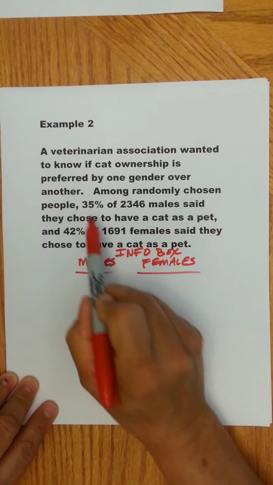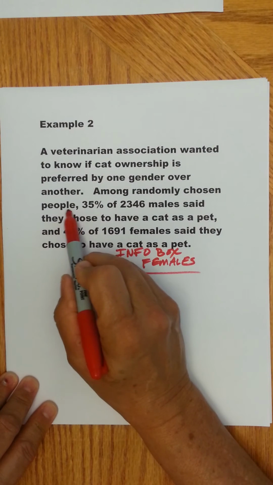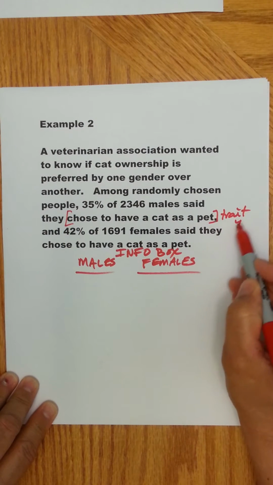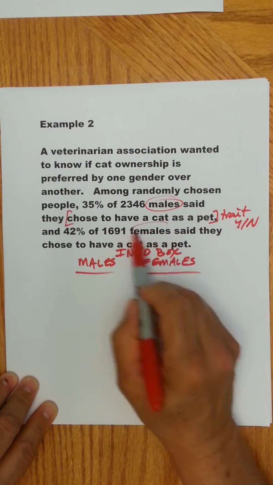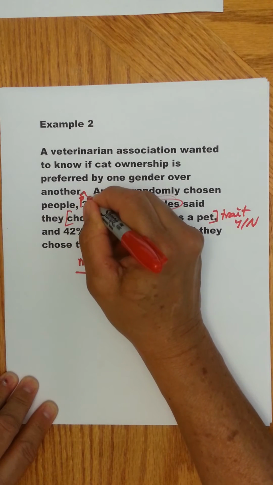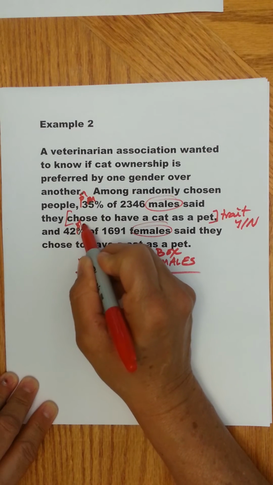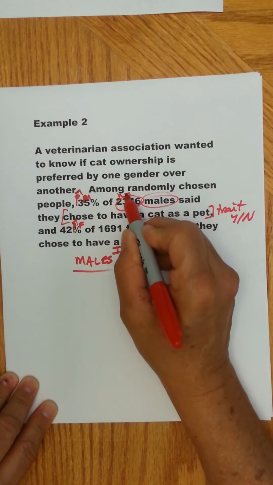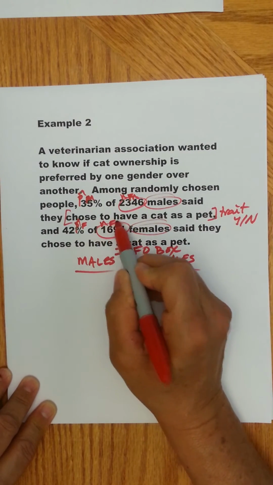So what you have then is, you already know the trait is whether you chose to have a cat as a pet. That's the trait. It's a yes-no trait. And you have males versus females. So here's your p-hat males, right there, 35%. Here's p-hat females. And there's your n sub F, I'm sorry, M. The sample size for the males and sample size for the females.